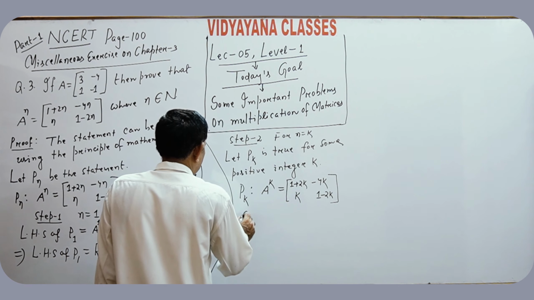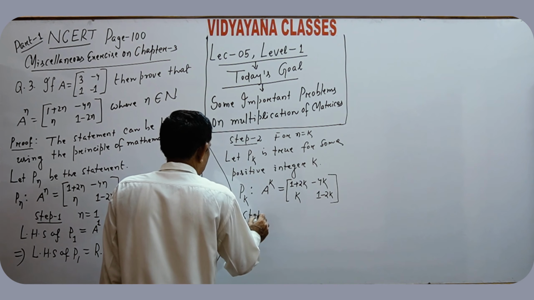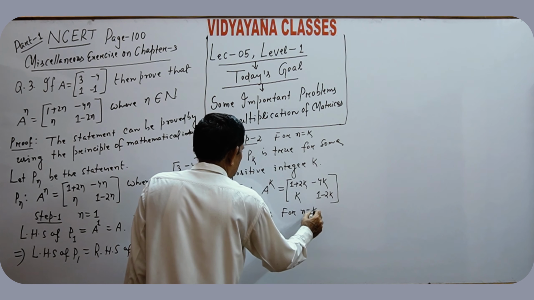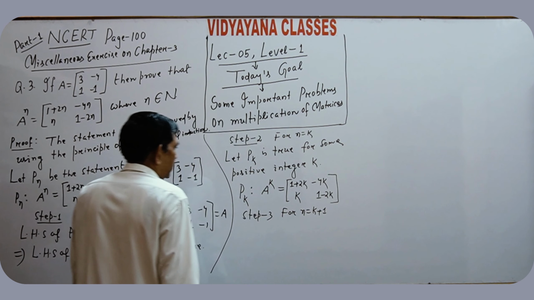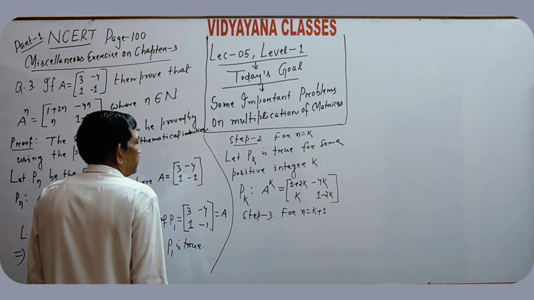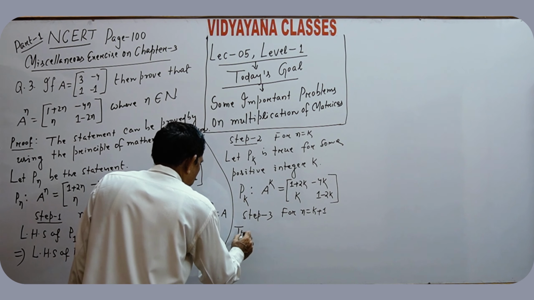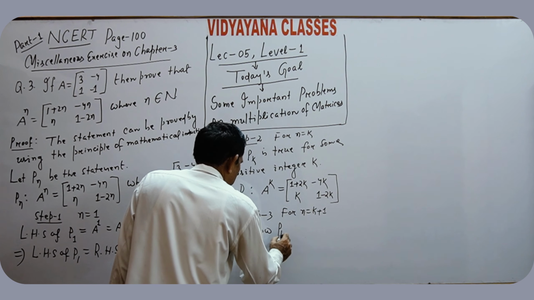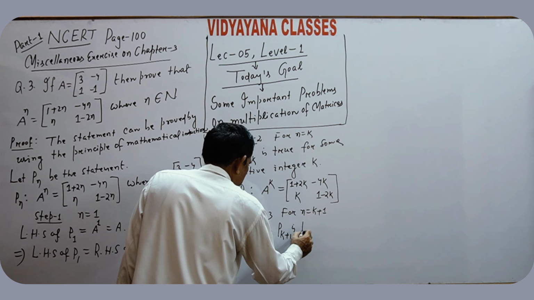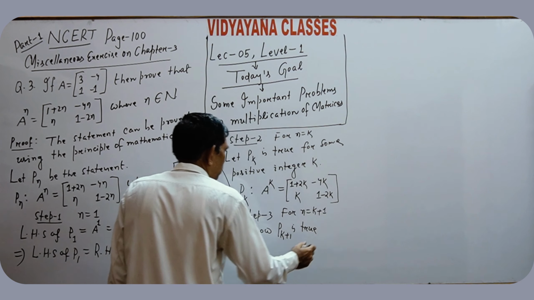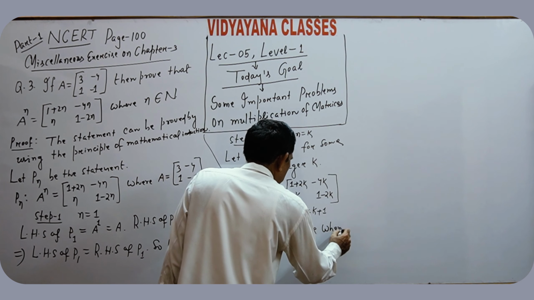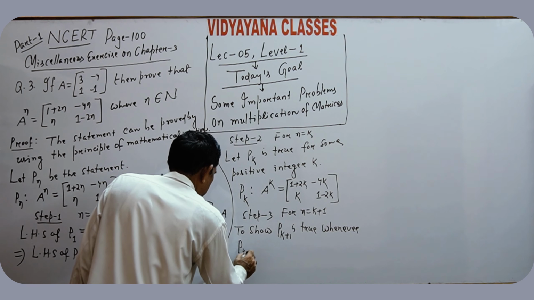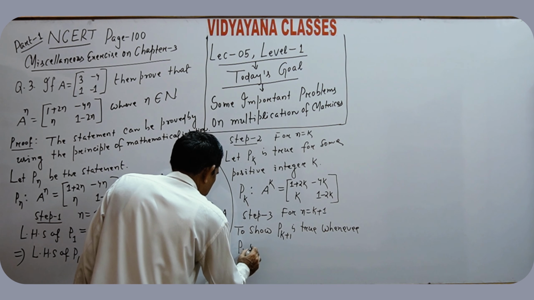Step 3, for n is equal to k plus 1. To show P k plus 1 is true whenever Pk is true.